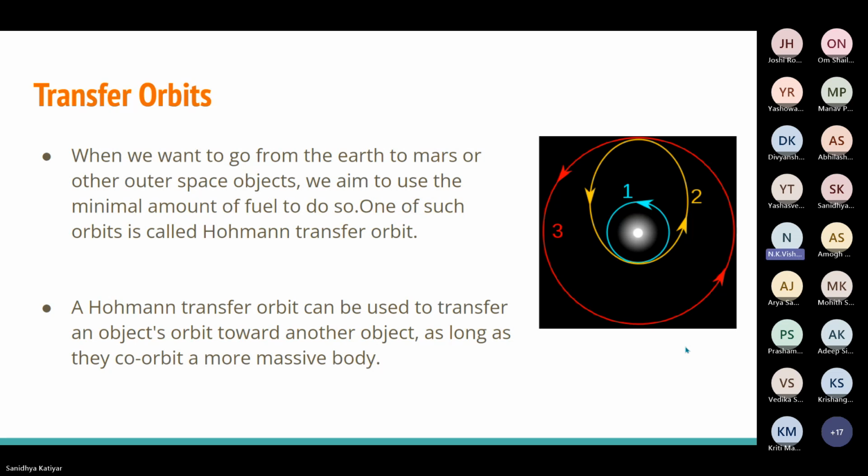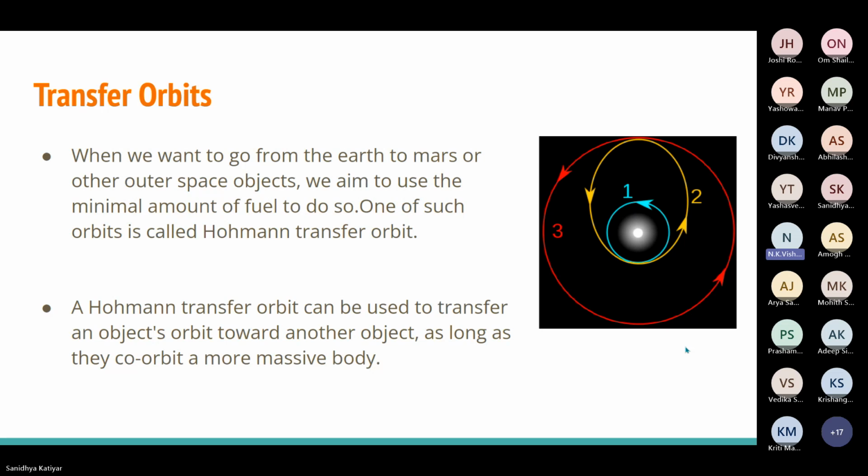So first we put our satellite in a low Earth orbit, that is the number one, the first orbit, which is circular, and then at the point where the 1 and 2 meet is when we give our first thrust, and it puts the satellite in the second orbit. Now this orbit is elliptical and it touches both 1 and 3. The place where we want to reach is usually at 3.